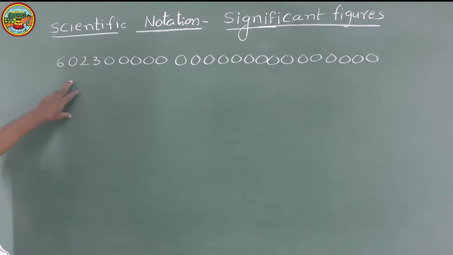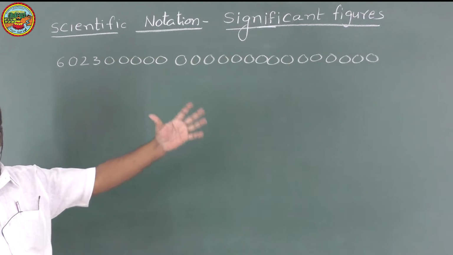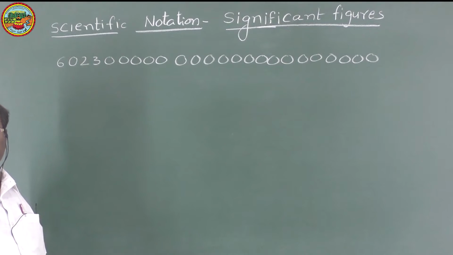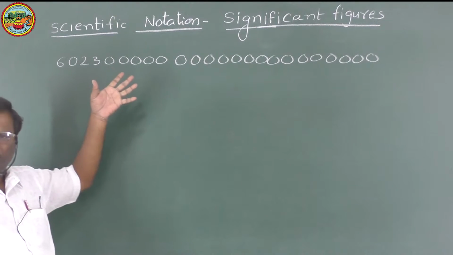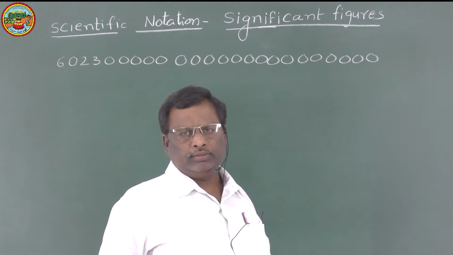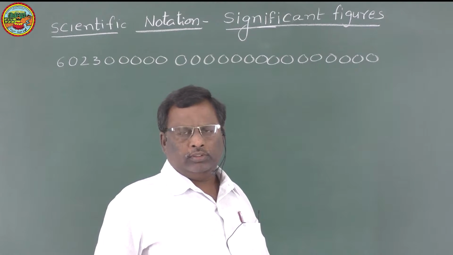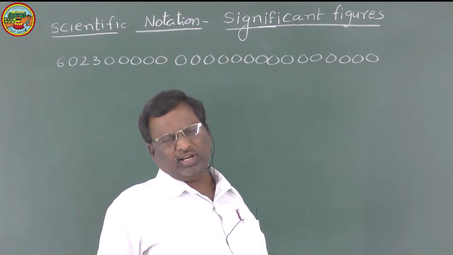After 6023, we have 20 zeros. It's a huge number. But it is very difficult to express like this.